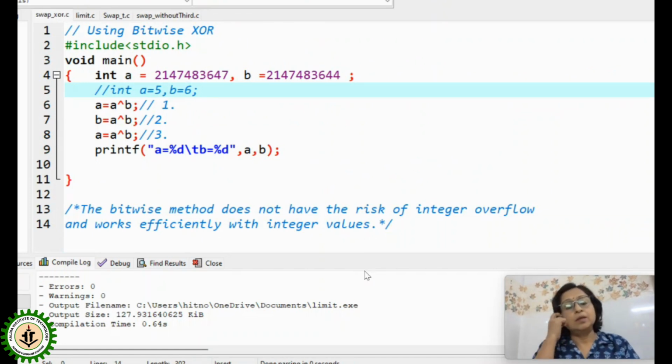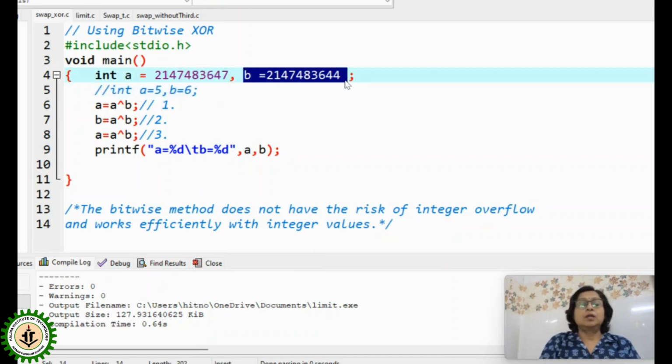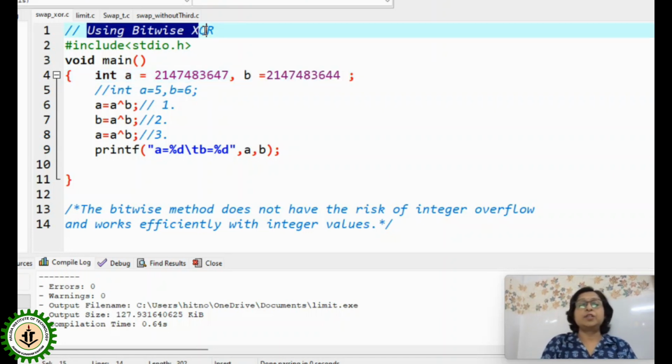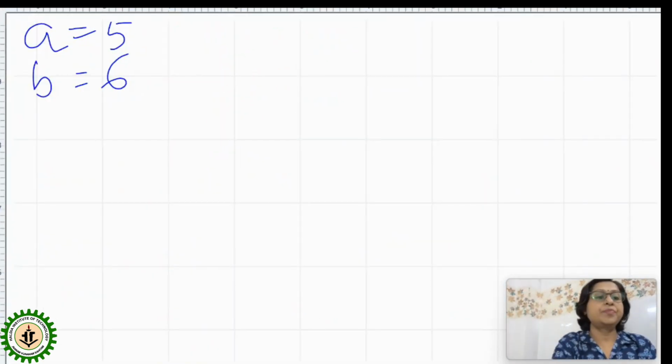Here again we are taking the same two big values. Now you see, what we are doing? We are not using any arithmetic operation. We are using bitwise XOR here. So let us quickly recall what bitwise XOR is. Okay, let us take the XOR.